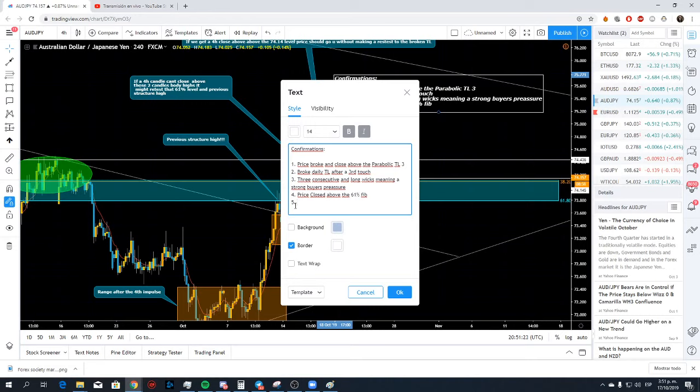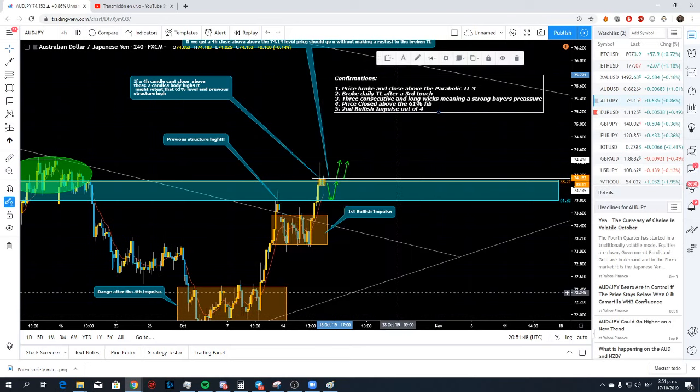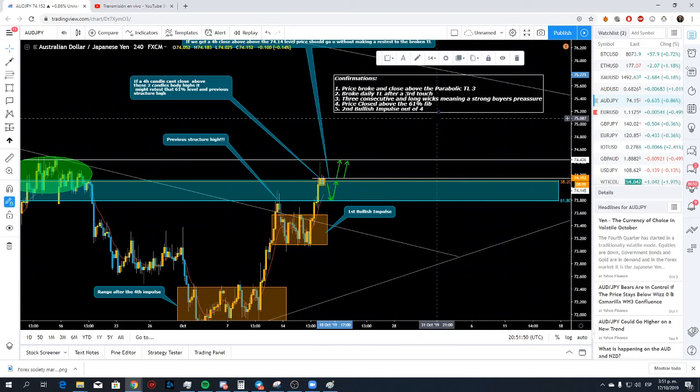And that confirmation is the second bullish impulse out of 4. So it means that it is literally beginning right now. So we got our 5th confirmation.